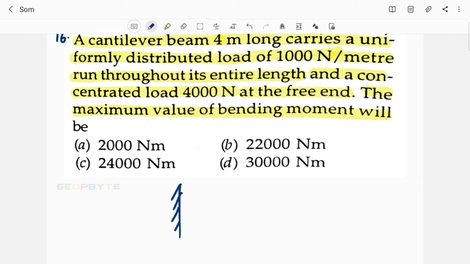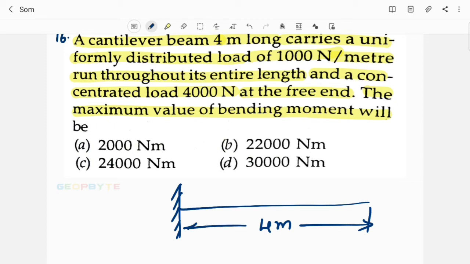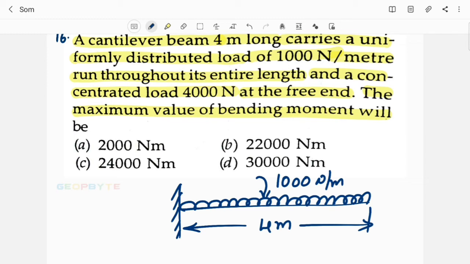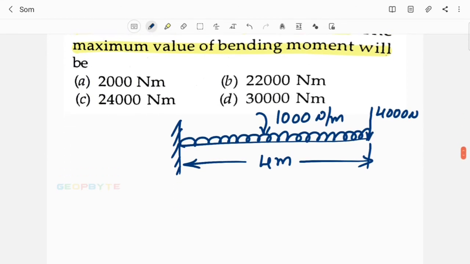A cantilever beam of length 4 meters is subjected to UDL over its entire length, with a magnitude 1000 Newton per meter. In addition to UDL, a concentrated load is also acting at the free end with a magnitude 4000 newtons. You are asked to find the maximum bending moment.